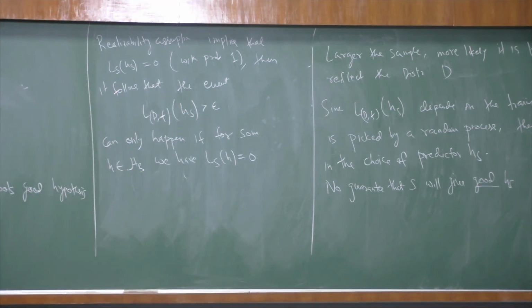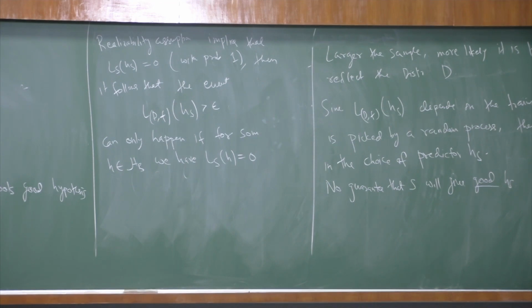So the fact that you will make an error epsilon can only happen if for some h in H_B, the bad hypothesis class, we have L_S(h) equals 0, because by nature the bad hypothesis class captures all those where you are making epsilon error.